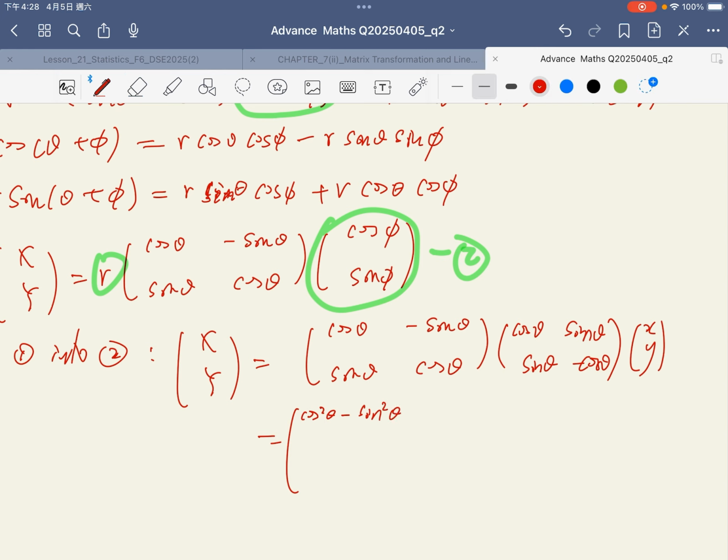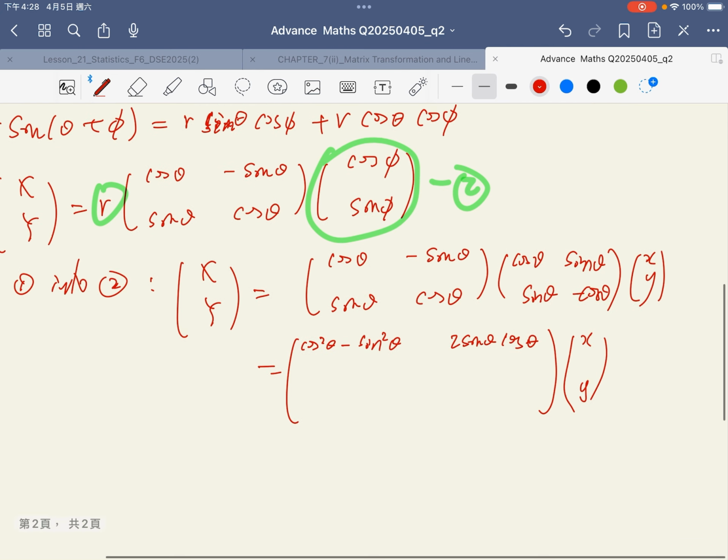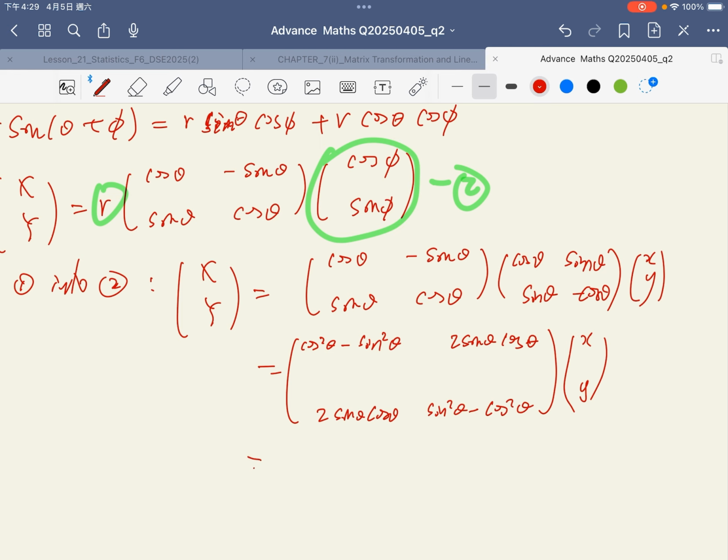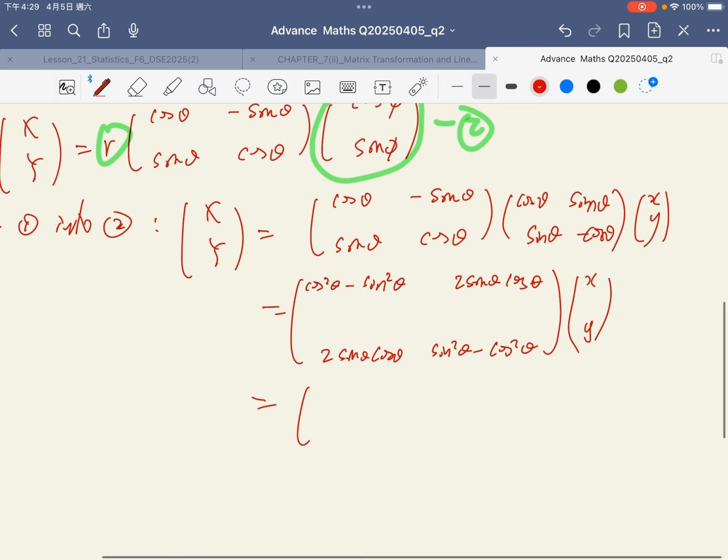The second one: sine cosine plus cosine sine, that is 2 sine theta cosine theta, times small letter x, y. And for this part also 2 sine theta cosine theta. For the last one, sine square theta minus cosine square theta. Then the first entry is cosine 2 theta, the second is sine 2 theta, the third is also sine 2 theta, and the last one is negative cosine 2 theta.